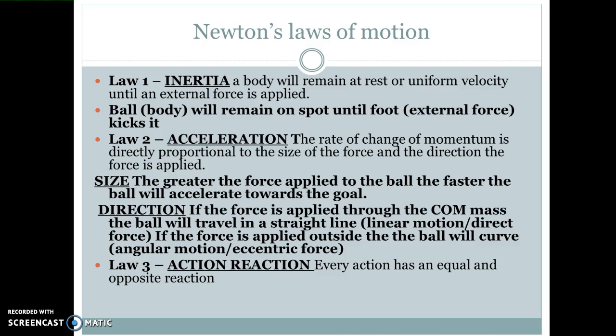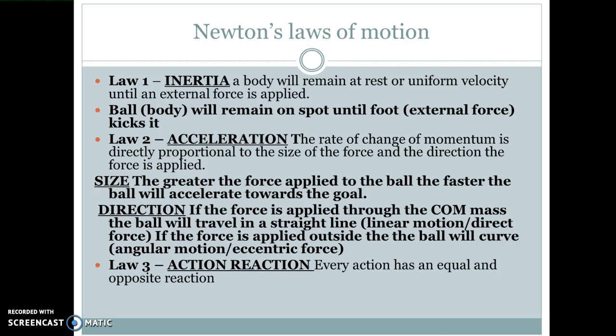That happens when you hit the ball outside the centre of mass. If you imagine a round ball, the centre of mass is directly in the middle of it. People kick across that centre of mass, which causes a swerve, used to take the ball away from the goalkeeper. That is called angular motion, which we'll look at a little more later.